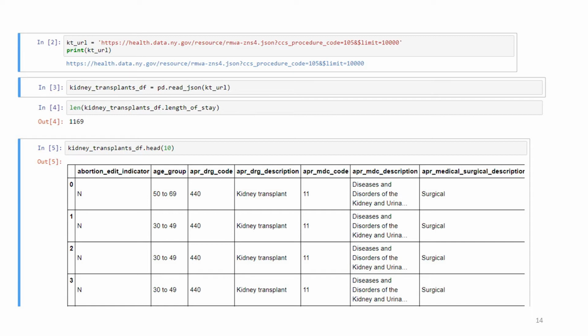And so in this example, I'm going to look at data related to kidney transplants. By extracting this data, we can see that, it's hard to see up there, but in 2014, there were 1,169 kidney transplants done in New York's hospitals. And we're going to look in detail at those discharges.